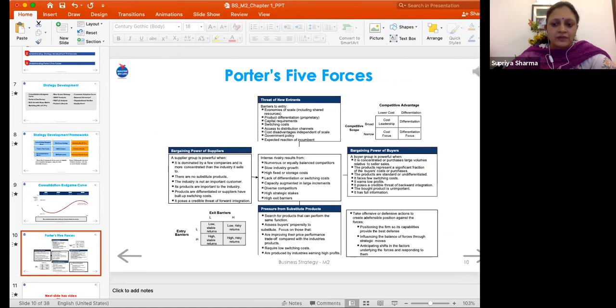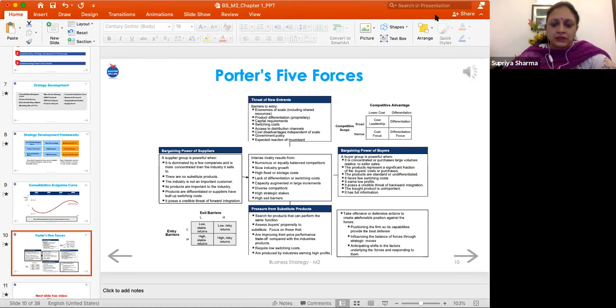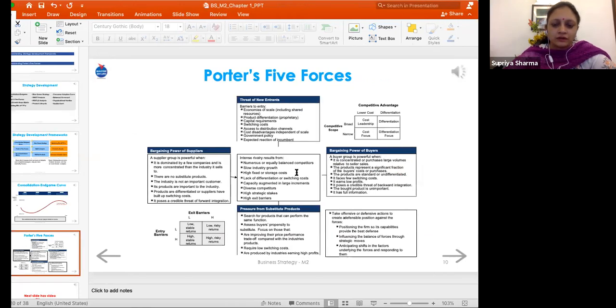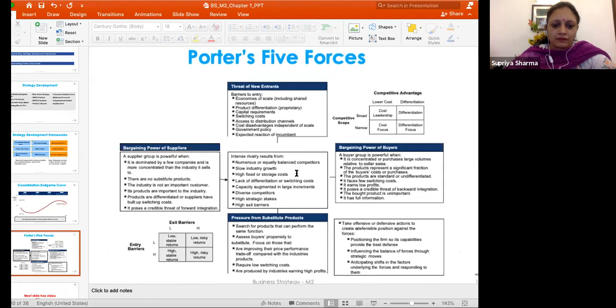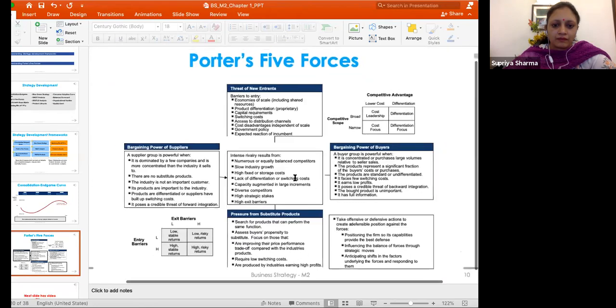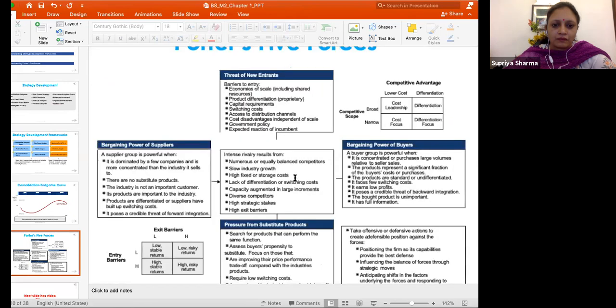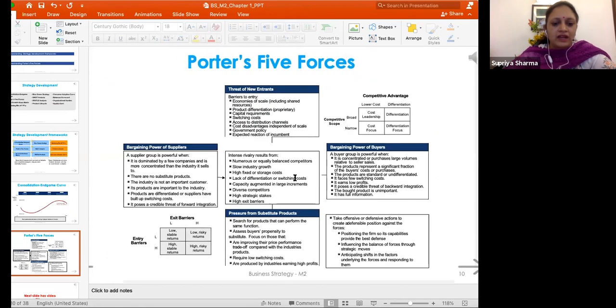This many of you must be aware of. This is Porter's 5 forces model. This is again very effective when it comes to scanning the external environment.